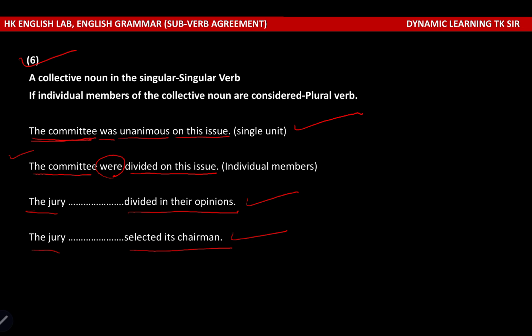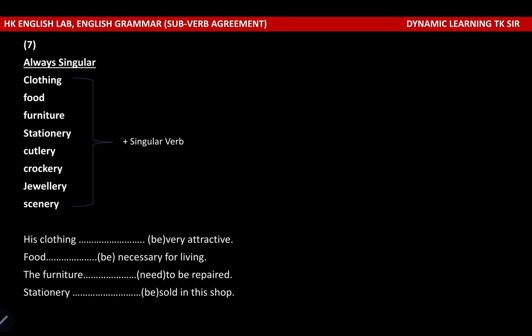Okay. Next, we'll move ahead. There are some nouns which you have got here. They are always singular. They do not have any plural form. They are always used as singular, because all these nouns that I have taken here are uncountable. As you know, all uncountable nouns are always singular in form.